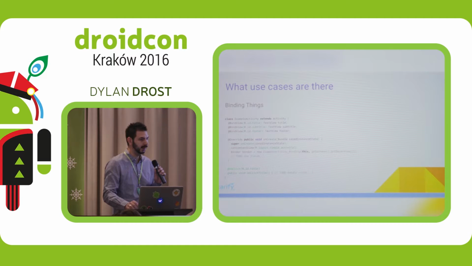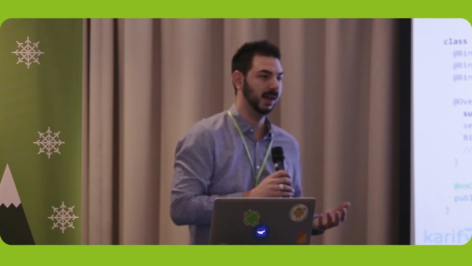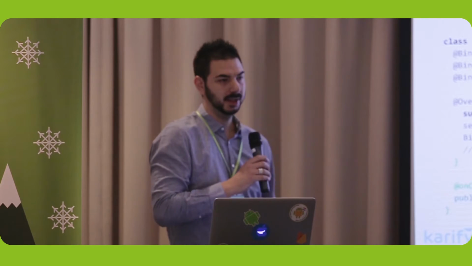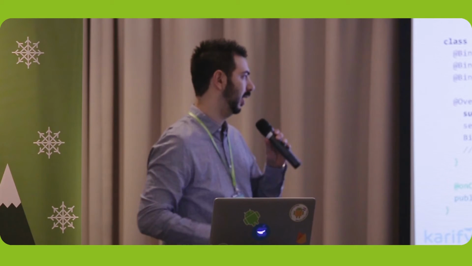You can also do click handling, and in the next slide you see you can also bind resources like strings or colors, and all this code gets generated for you by the compiler. You can see it here, an example activity underscore binding, and that's the class that does the actual hard work of findViewById and setting those values to the class.